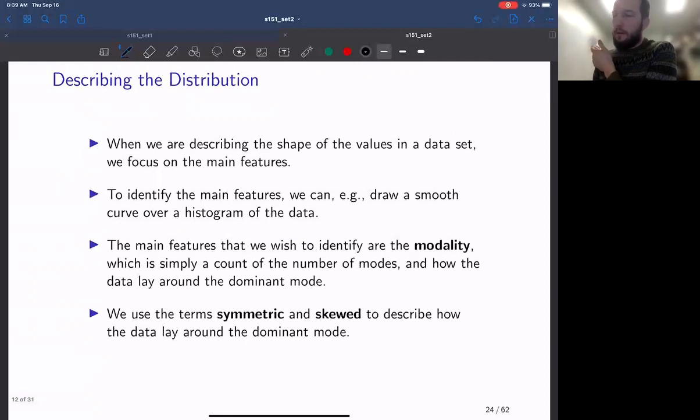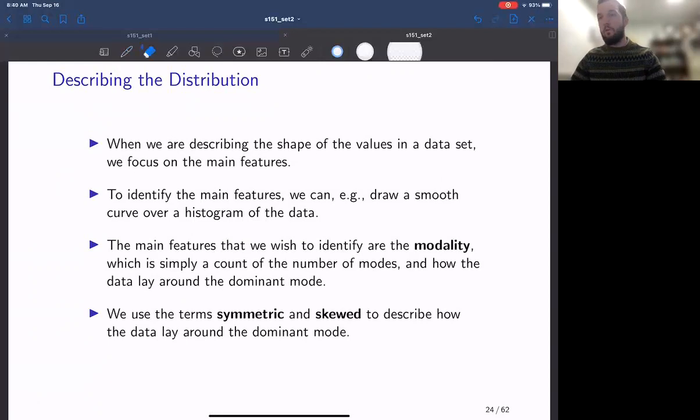All right, so when we construct a histogram in particular, and we can do the same thing with box plots, but technically histograms are the best, and we'll talk more about that later. When we construct a histogram, we're going to focus on describing it in 2 ways. What we are describing when we talk about the shape of a histogram is the distribution of the data set.